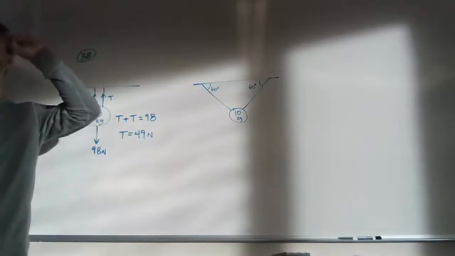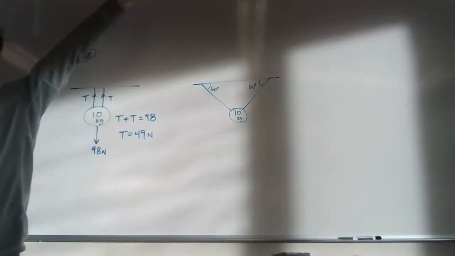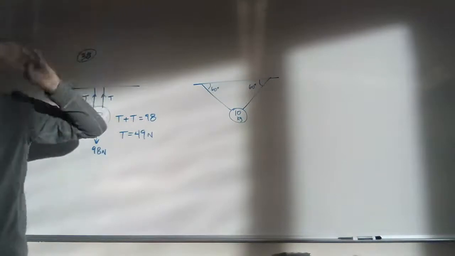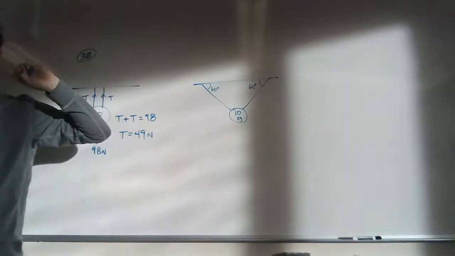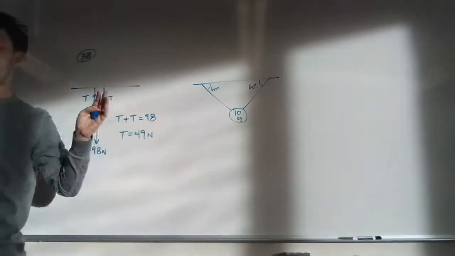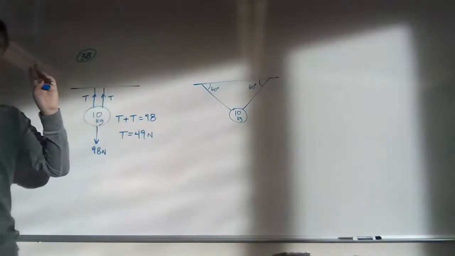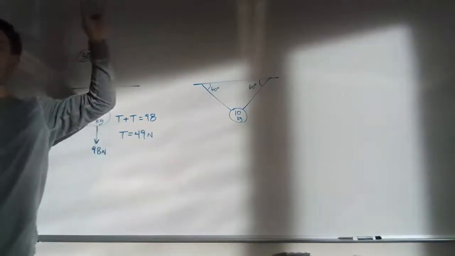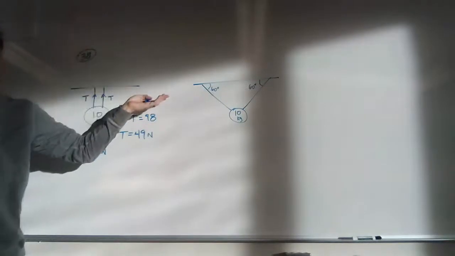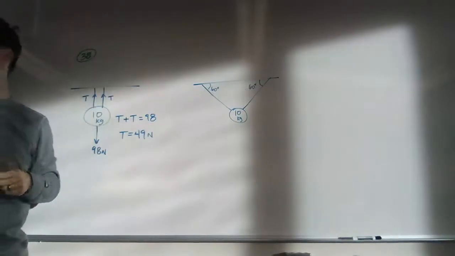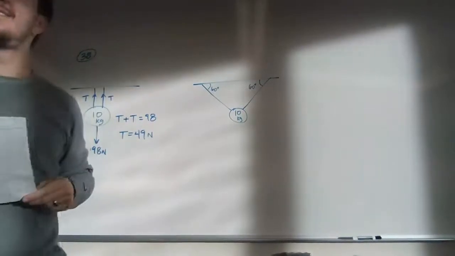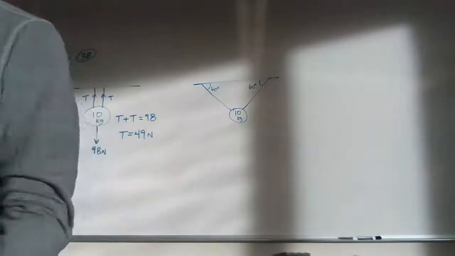Who votes for more than 49 newtons? Julia, okay. Henry is considering, and I didn't give you much time to think about it, so just going on intuition. Okay, who thinks it'll be less than 49 newtons? Okay, how about just the same? Huh? To more? Okay.